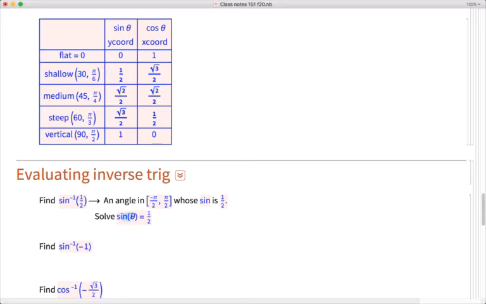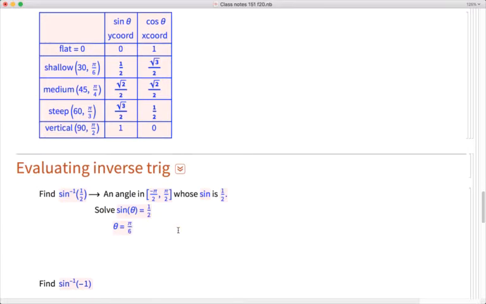Right? So whose sine is equal to 1/2 means you have to solve this equation. And we've already done this. So this was theta equals pi over 6. And that's the final answer. I guess I should write it as the final answer.